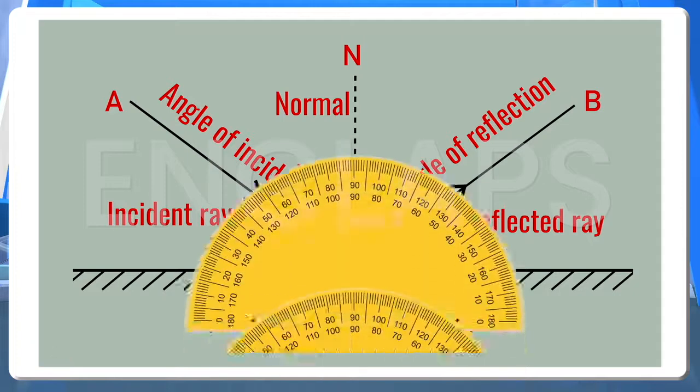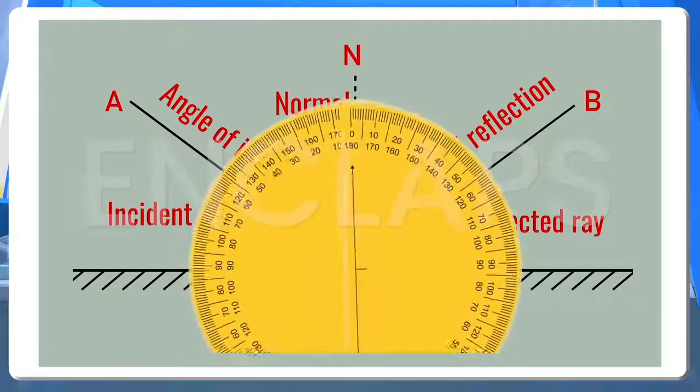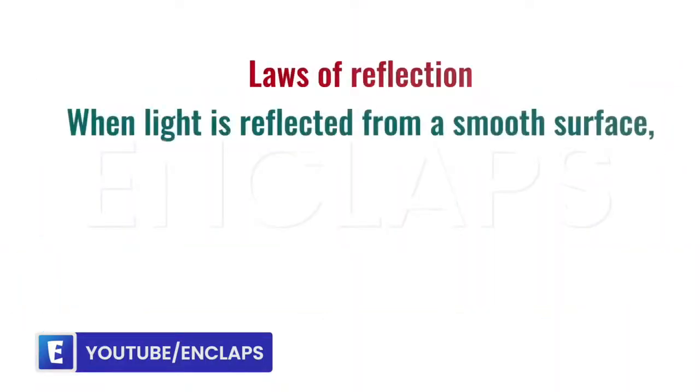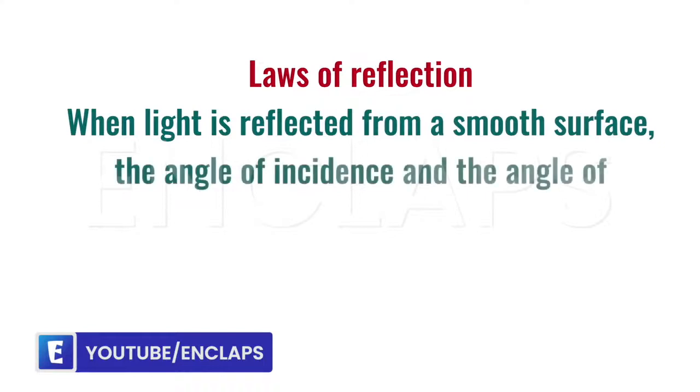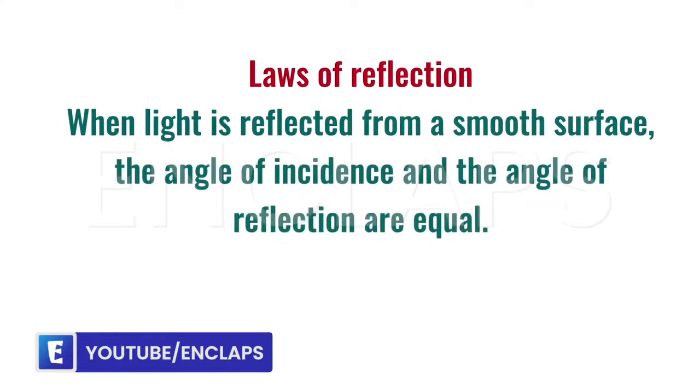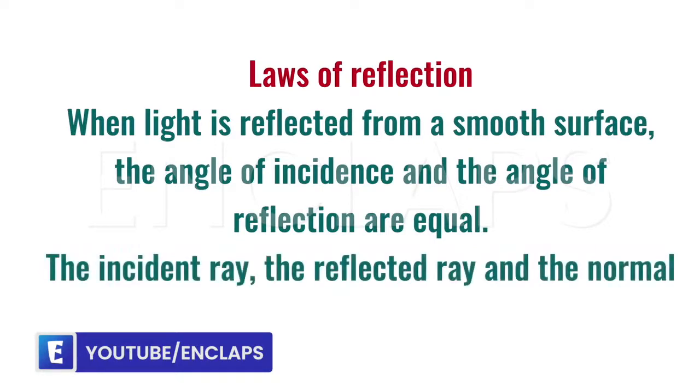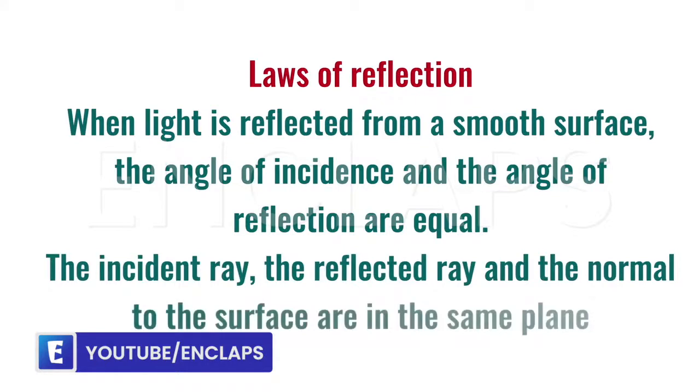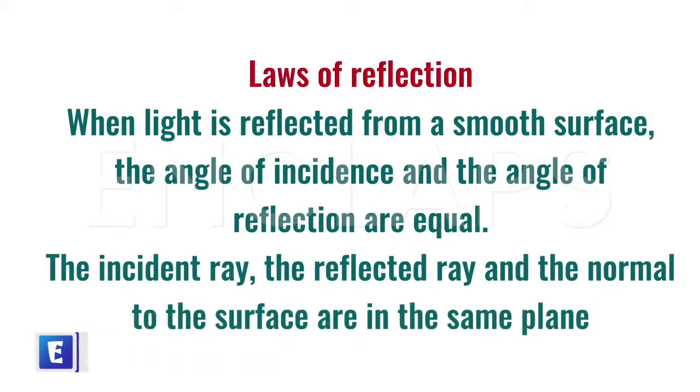That is, the angle of incidence and the angle of reflection are equal. So, we can say that when light is reflected from a smooth surface, the angle of incidence and the angle of reflection are equal. And from this figure, it is clear that the incident ray, the reflected ray and the normal to the surface are in the same plane. This is called the laws of reflection.